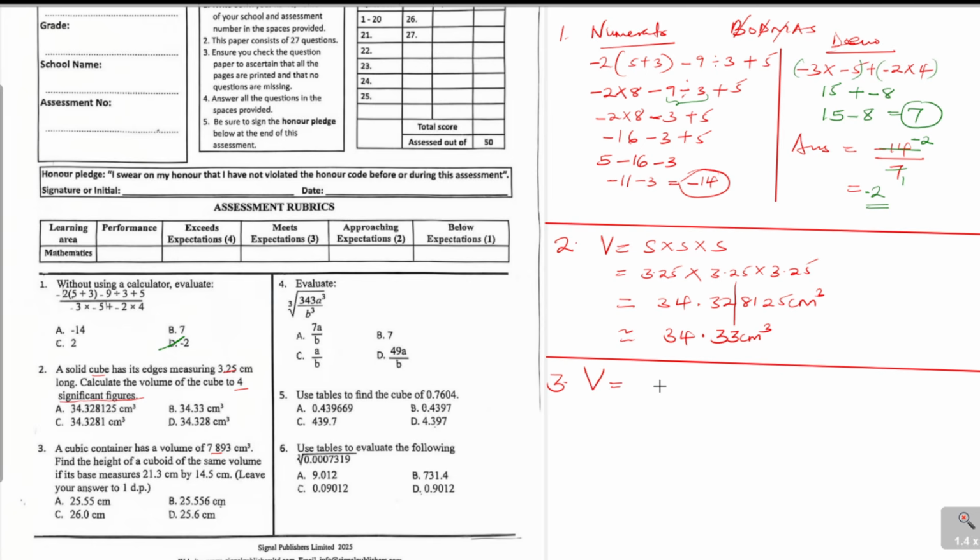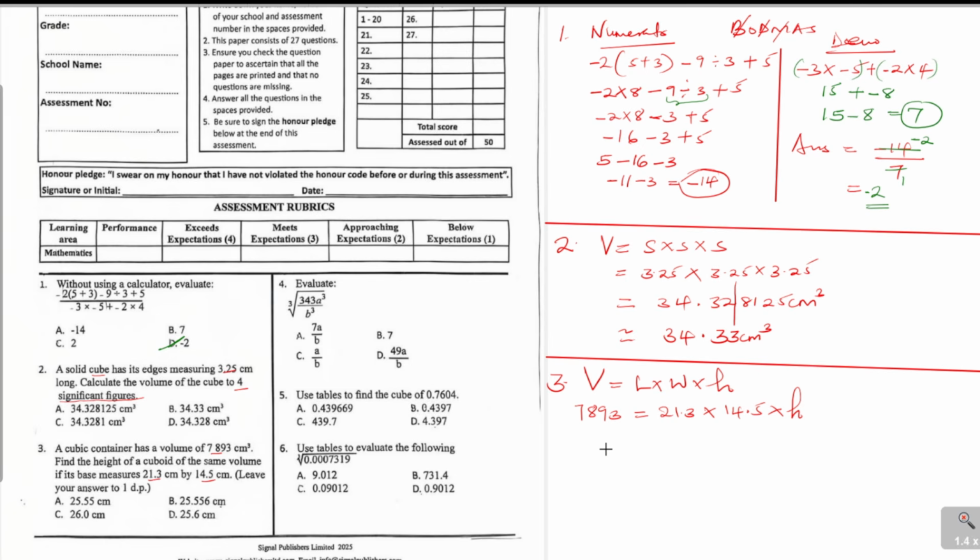For that question, you need to know how to get the volume. The volume is given by the length times the width times the height. So you already have the volume, 7893. So 7893 equals the length, 21.3, times the width, 14.5, and then multiplied by the height.